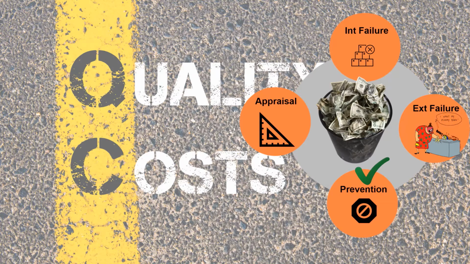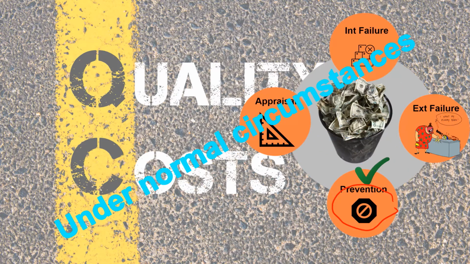Prevention cost is applicable for products which have a shorter life cycle, where new products will replace the existing product in the next generation, such as consumer electronics products, under what we call normal circumstances.